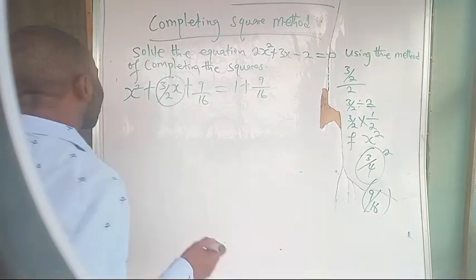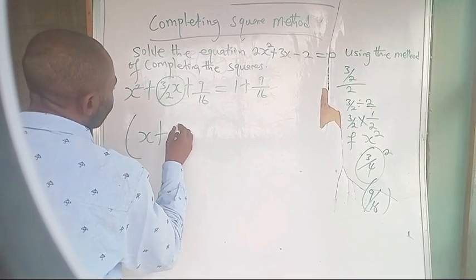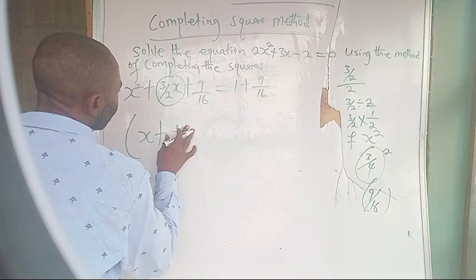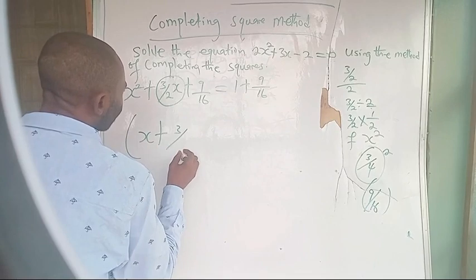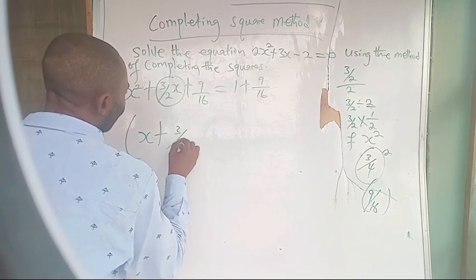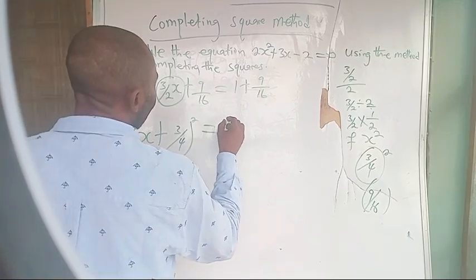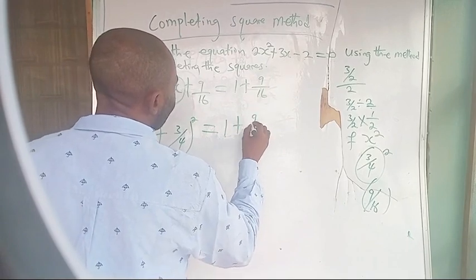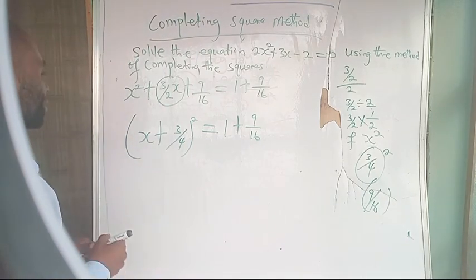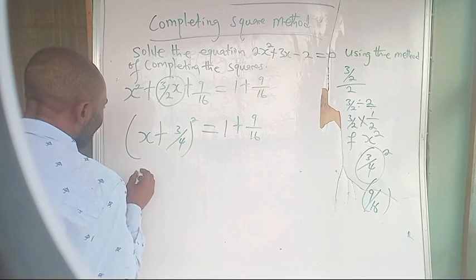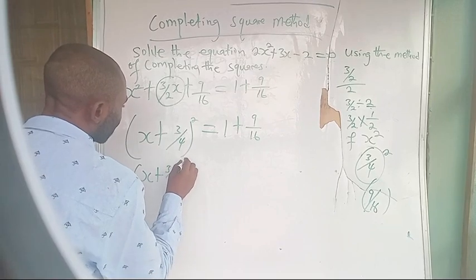So the double root here will be bracket open x plus 3 all over 4, squared, and this is equal to 1 plus 9 all over 16.